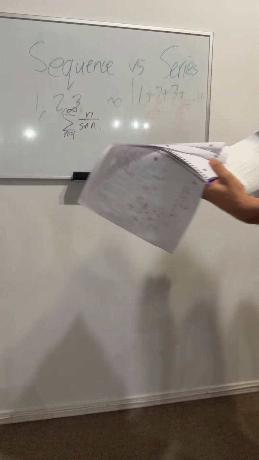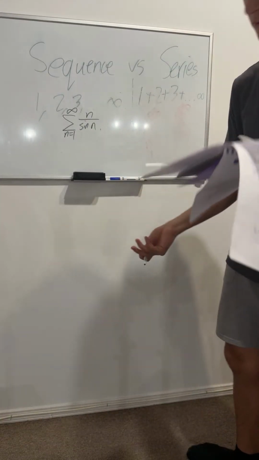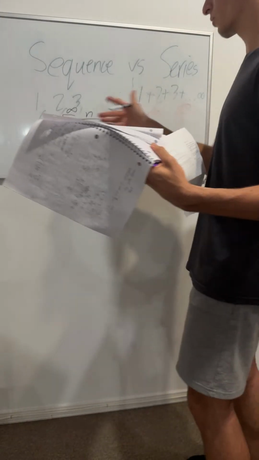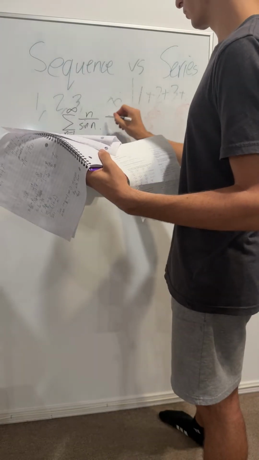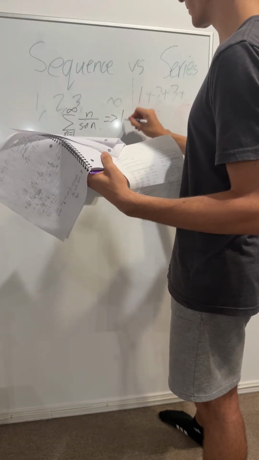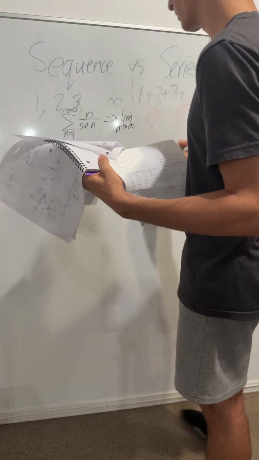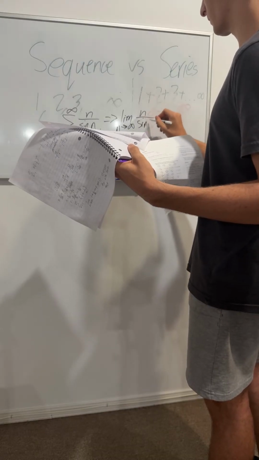And the next type of test that we're going to use is called the nth-term test. So what do we do here? We completely ignore the sigma. And we change this to a limit. Limit as n approaches infinity of n over sine n.